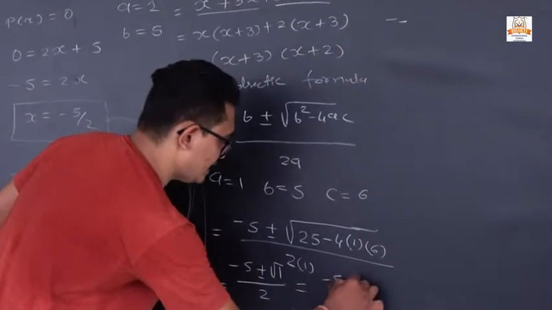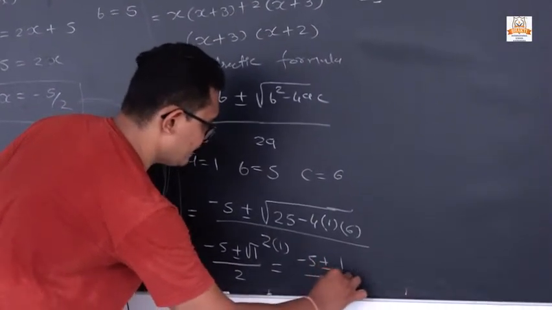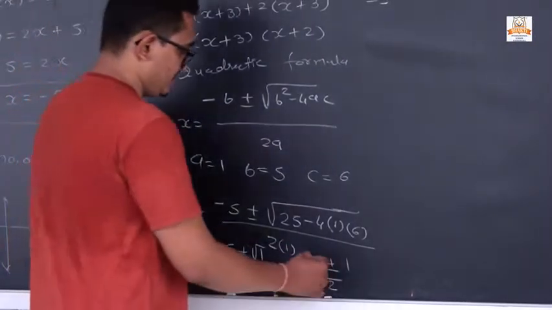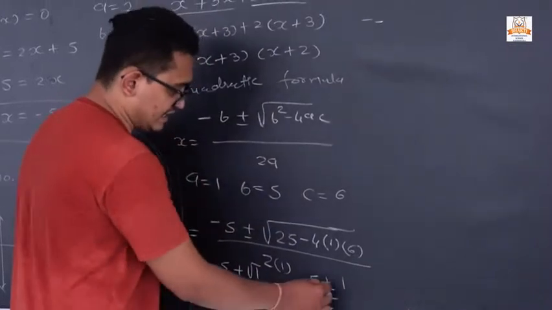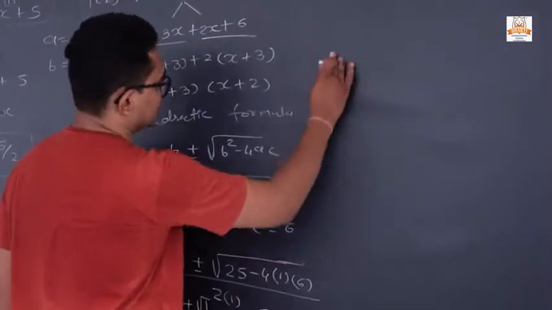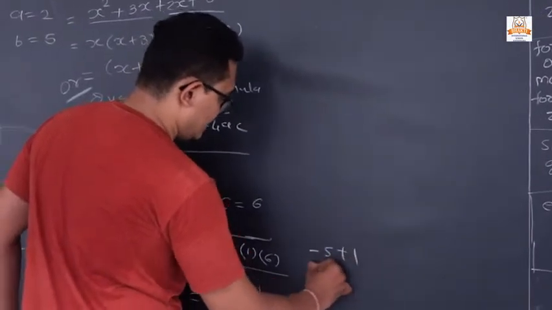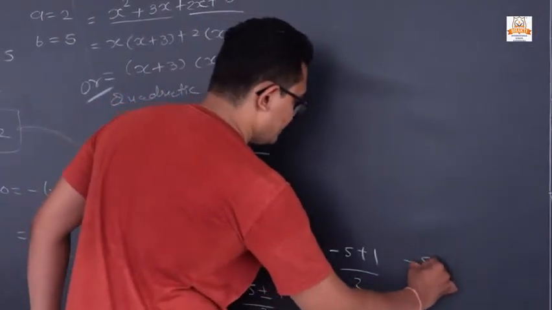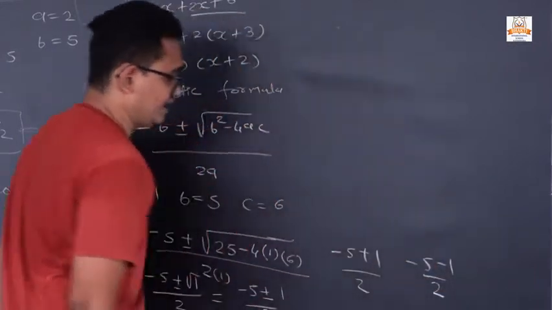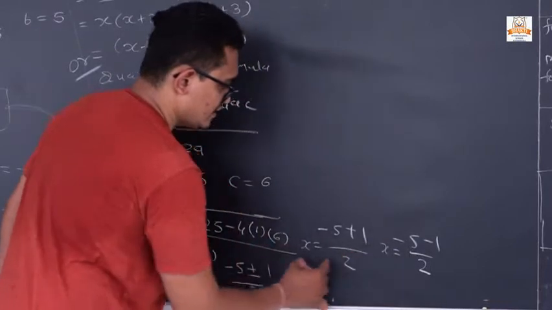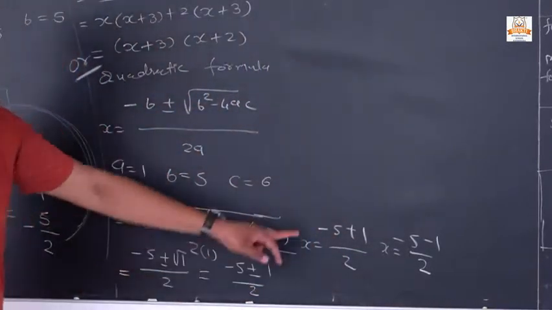So minus 5 plus or minus 1 divided by 2. Now first we take the plus sign and second we take the minus sign. So one time we take the plus and one time the minus sign.